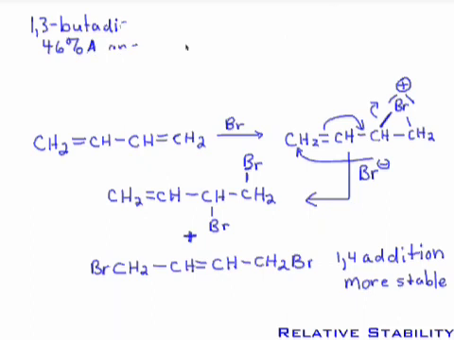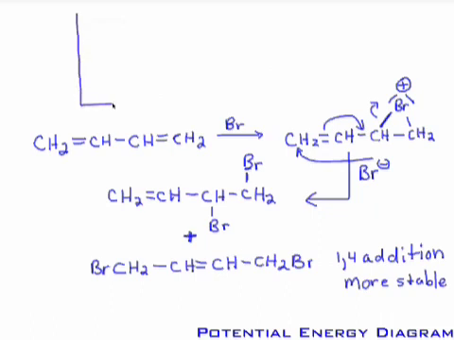So let's draw a potential energy diagram here. The bromonium ion is here. The more stable, I'm going to use black to represent my 1,4 addition product. Okay. It's more stable. And I'm going to use red to represent the 1,2 addition product.